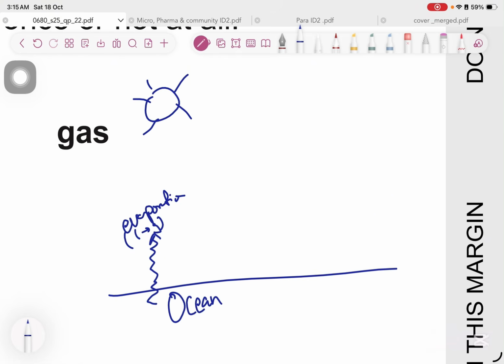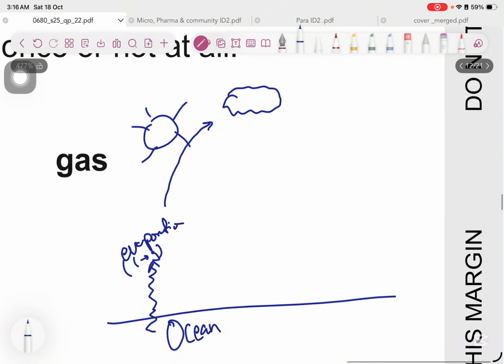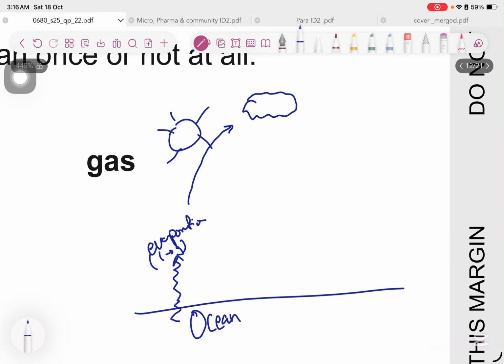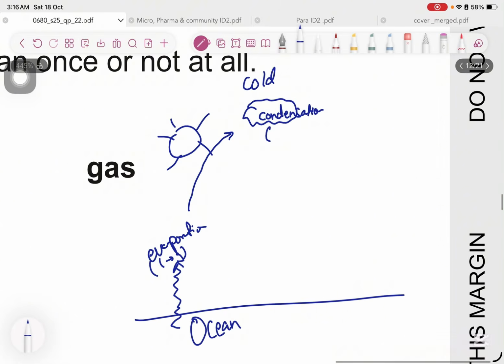L to G. Now, while it rises up, it forms a cloud. Why? Because in the atmosphere, the temperature is cold. So it condenses. Condensation: it changes from gas to liquid.